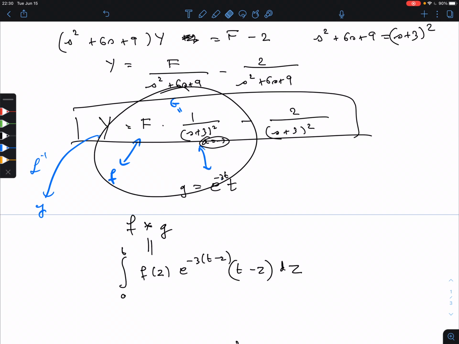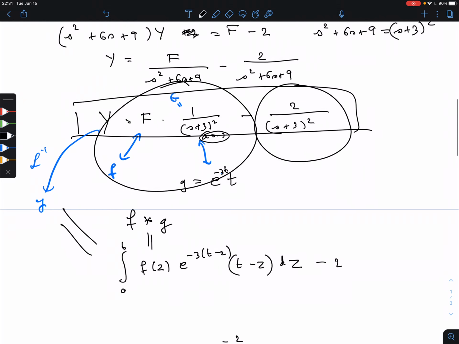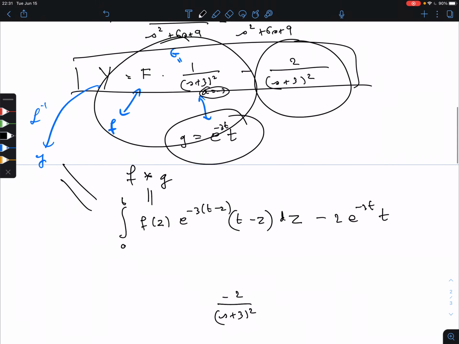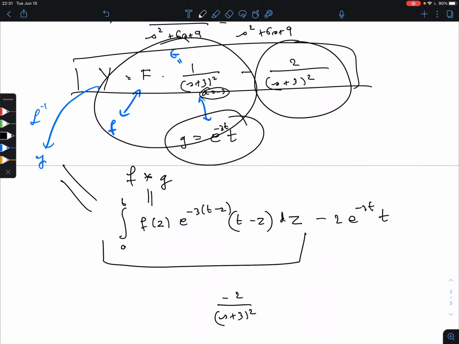So what we said is that y is equal to this integral minus 2 times the inverse Laplace of this, which we can write down very quickly because we already did it. That is e to the minus 3t times t. So this is the solution. One part is an integral, the other part is just a function. And that is how these questions have to be answered.